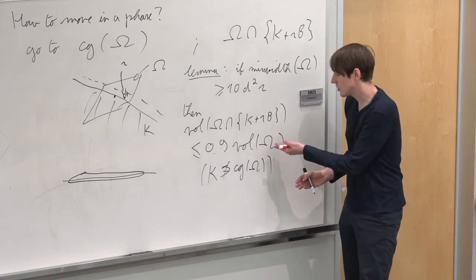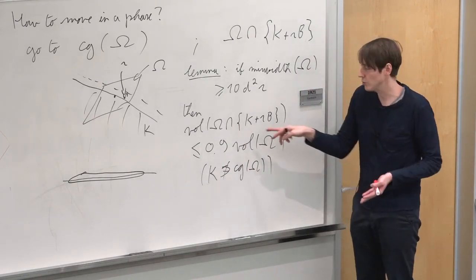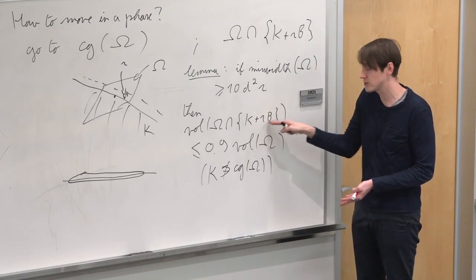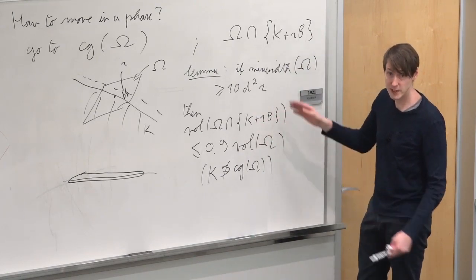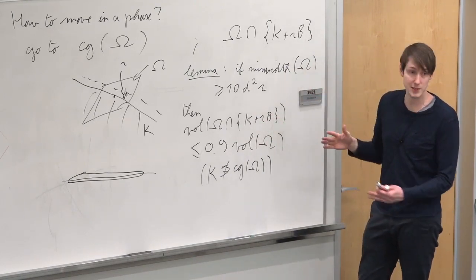So you can think of it as a fuzzy cut. A precise cut would cut through the CG. Here it's fuzzy by this little r, and fuzzy cuts are fine provided that the mean width is not too small.